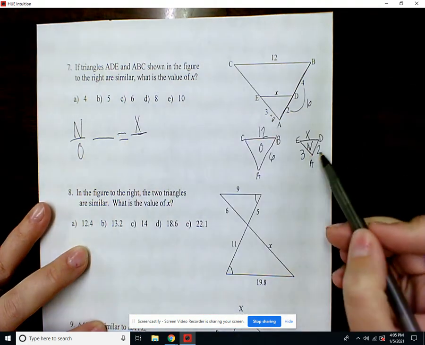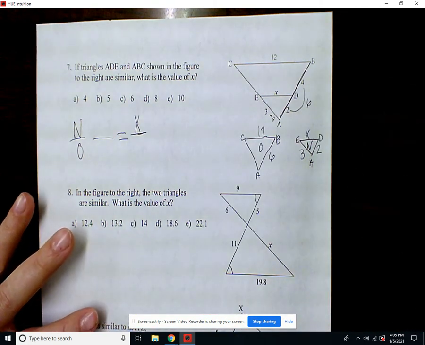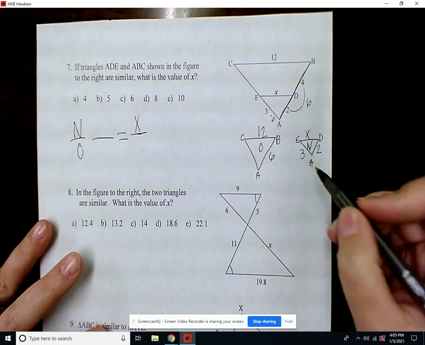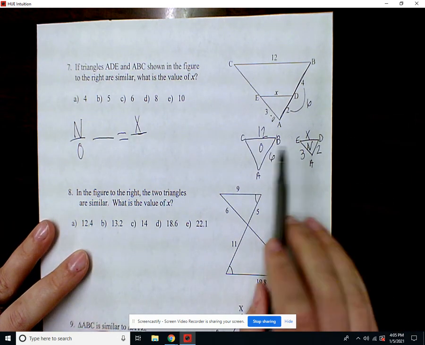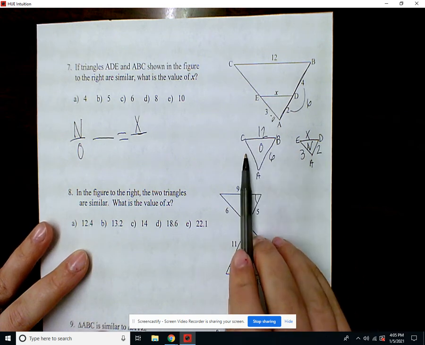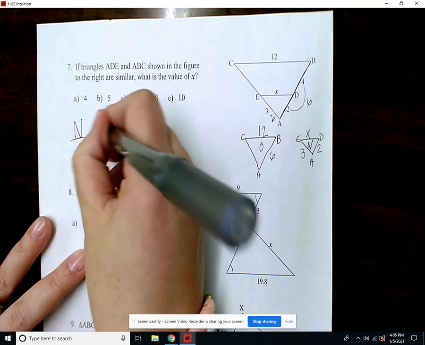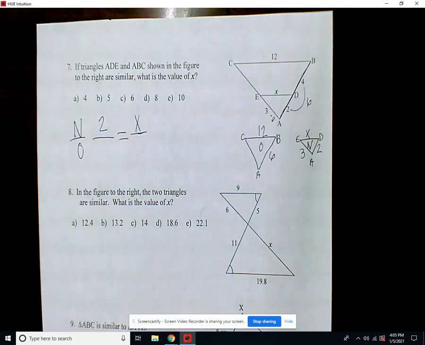Okay, there are two numbers this time, but we're going to use one of them. So if we use 3, that has not a number on the other figure, so we can't use 3, so we're going to use 2. Okay, so we're going to find its corresponding side.